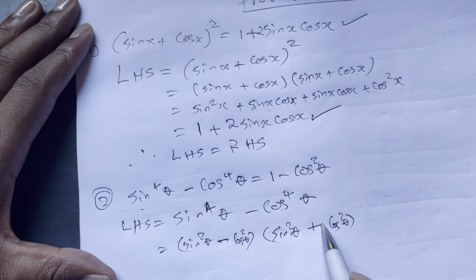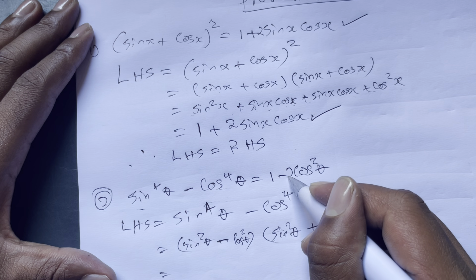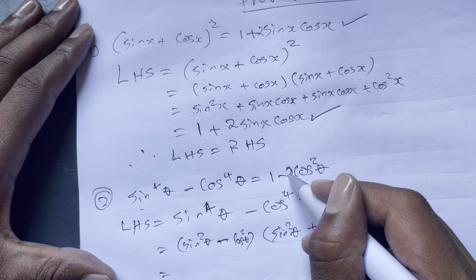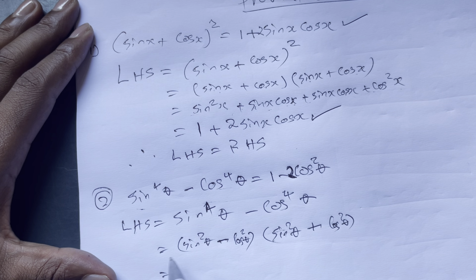But this one is going to give me 1. Sorry, I left 2 here. So this is gonna be 1. Therefore, the answer is gonna be sine squared theta minus cos squared theta.